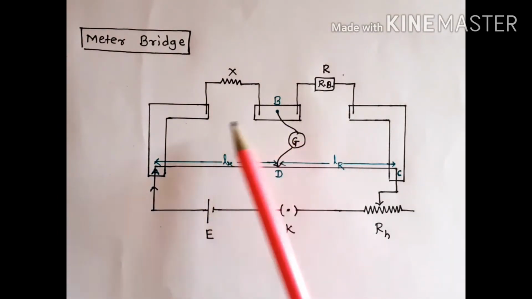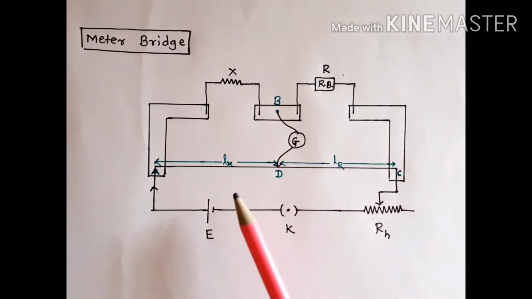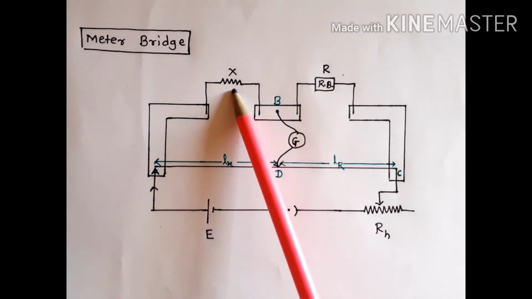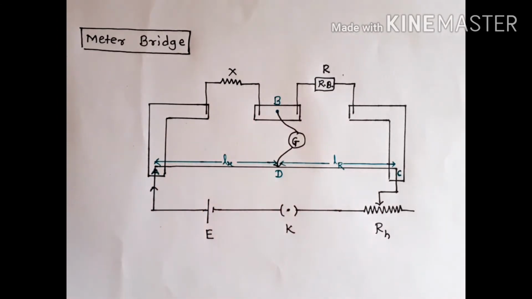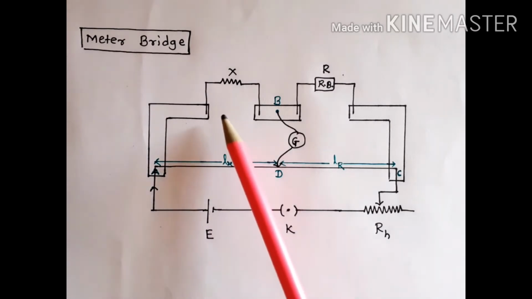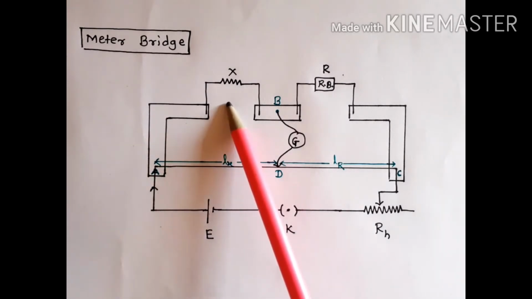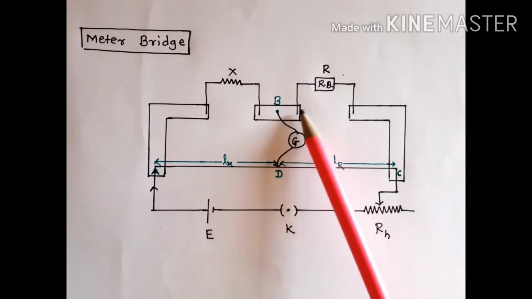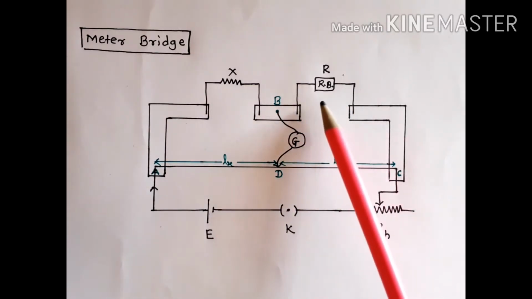In one gap, an unknown resistance whose value is to be determined is connected, and in another gap a resistance box is connected.